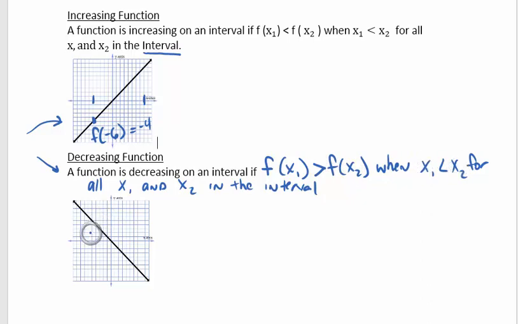As we move to larger x values along the x-axis, the function values are decreasing, meaning the first one is going to be larger than one evaluated a little further to the right. Hopefully you came up with a decreasing function that looked like that.